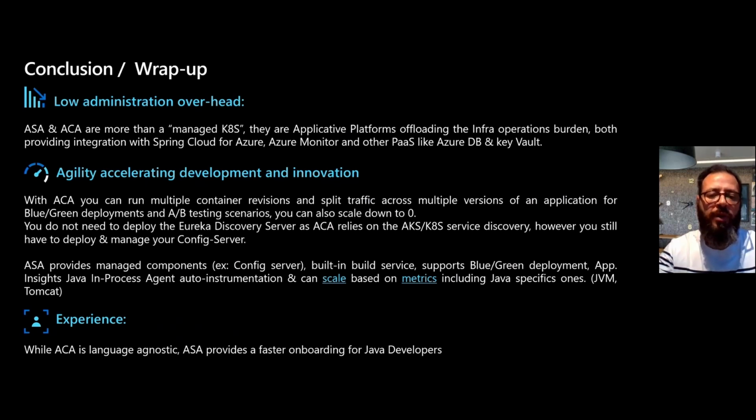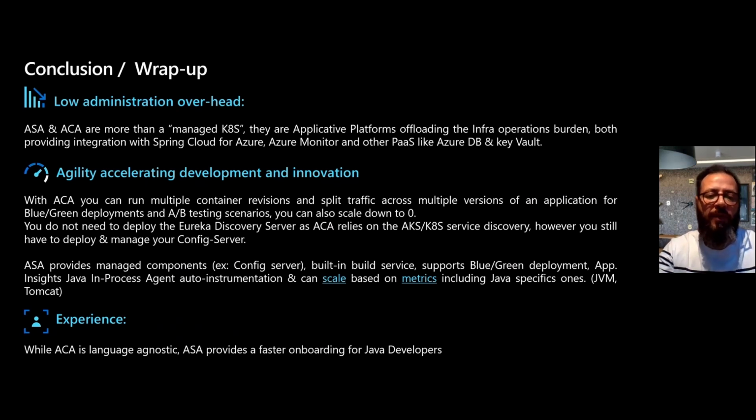One difference as well compared to Azure Spring Apps, you do not need to deploy the Eureka Discovery Server as it relies on AKS, so Kubernetes, which comes with its own service discovery. Having said that, you still have to deploy and manage your own config server.